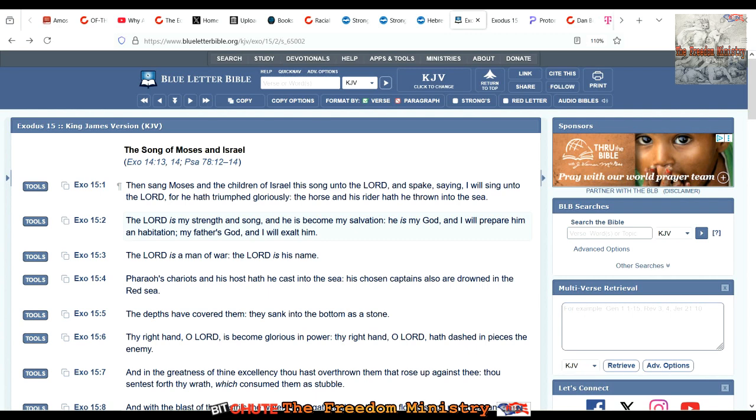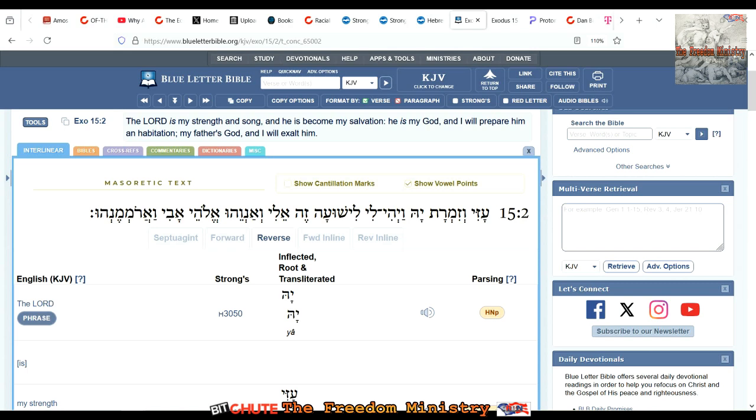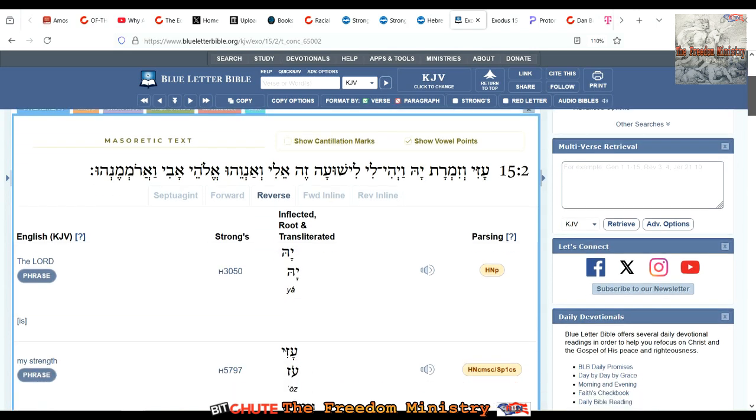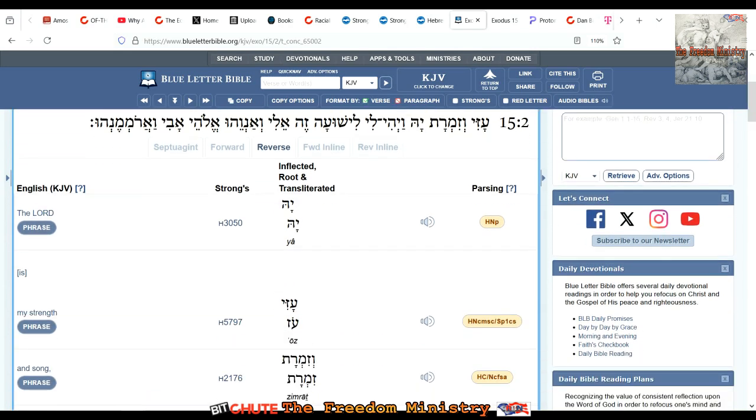Well, the word, the Lord there, the Lord that it shows, is actually the shortened form. It's not H3068, which is Yahuah or Yahweh. It's 3050, Yah. Okay?